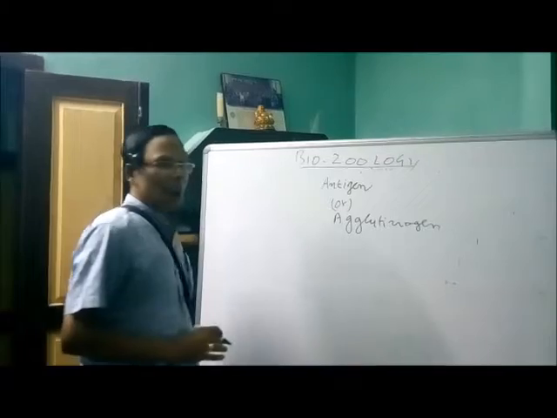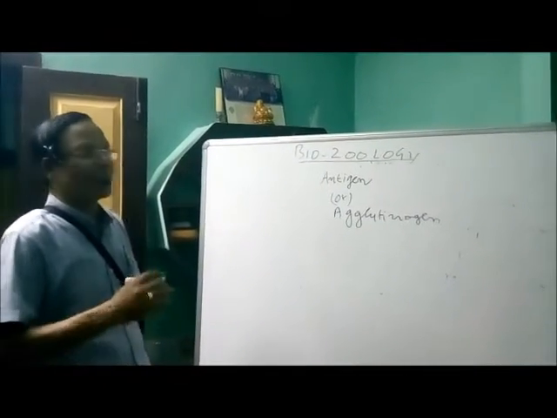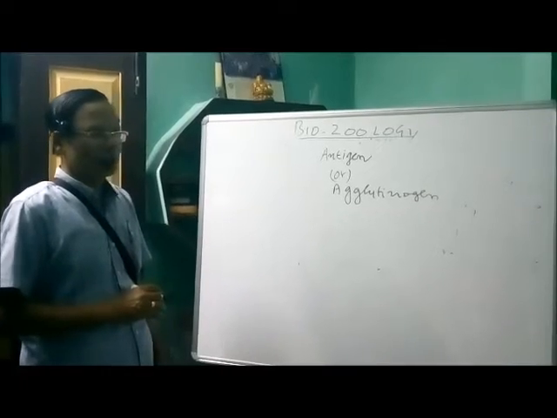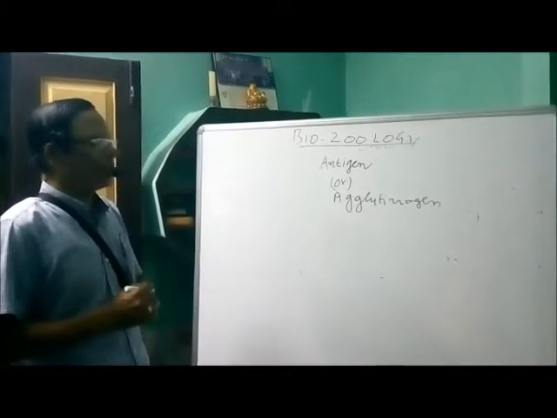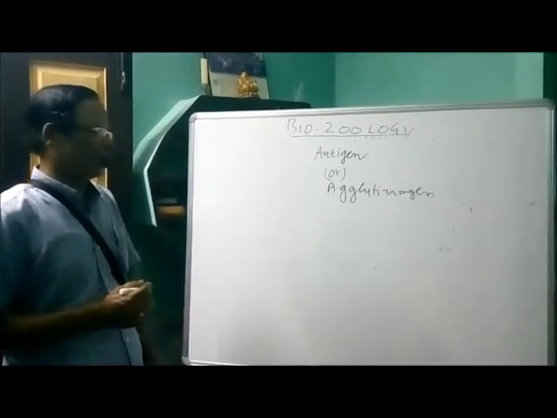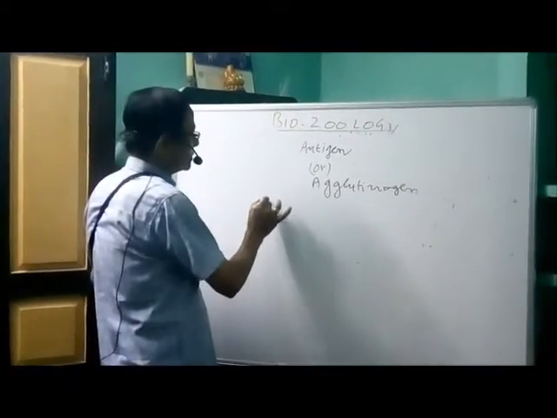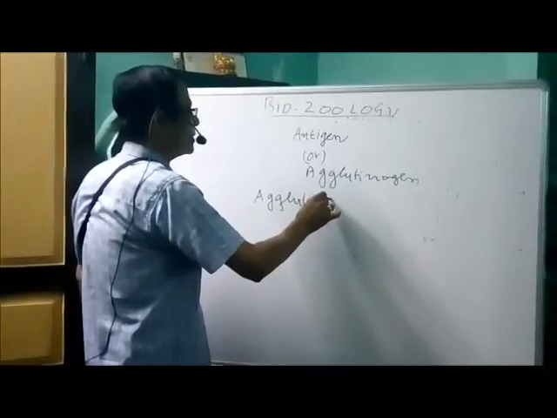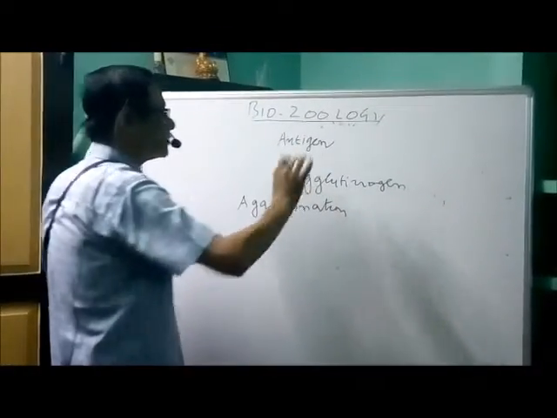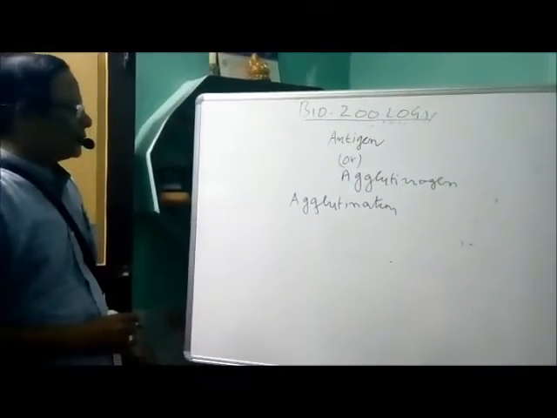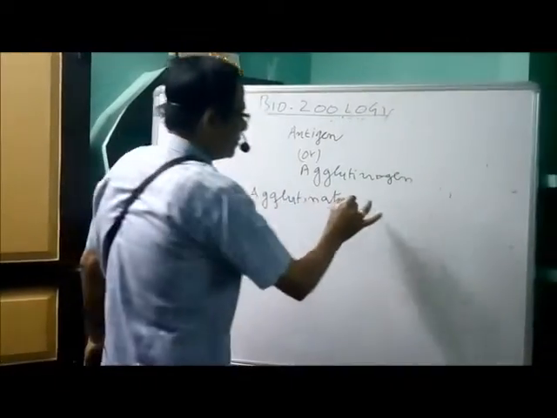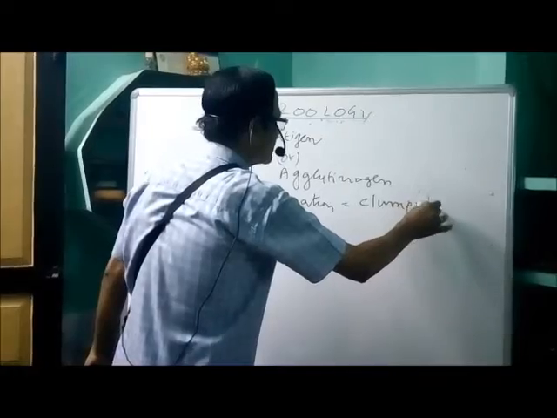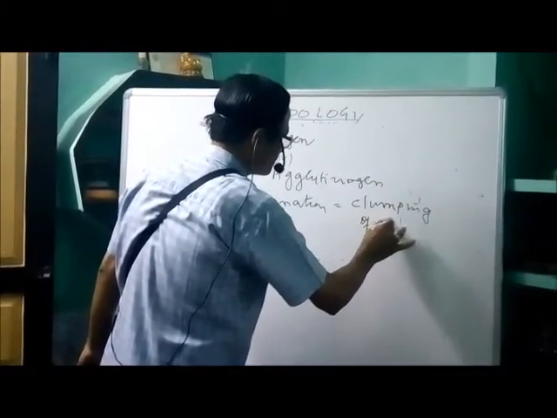When two different blood groups are mixed, that is, incompatible blood groups, a process occurs called agglutination. We have studied this in 11th standard. Agglutination means clumping of erythrocytes, sticking together of blood cells.